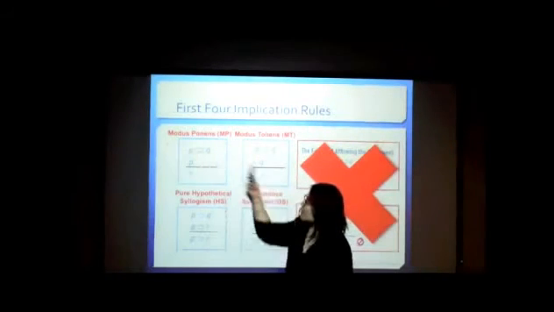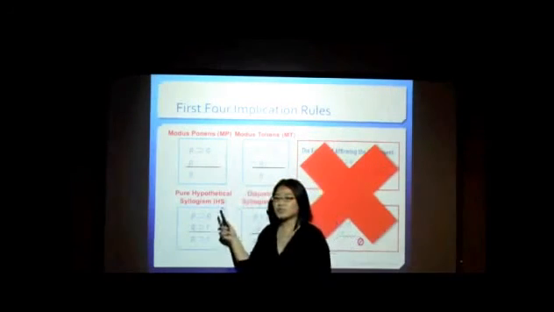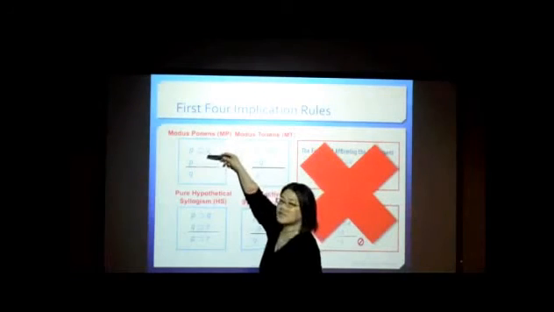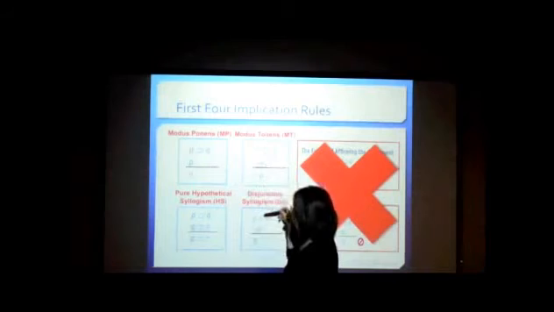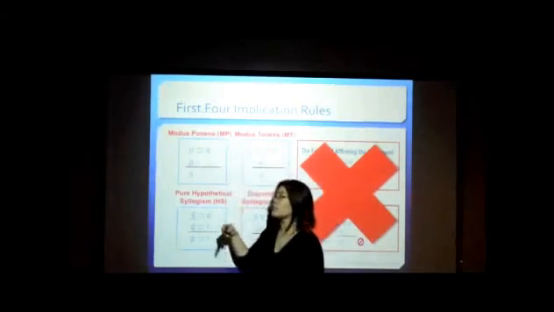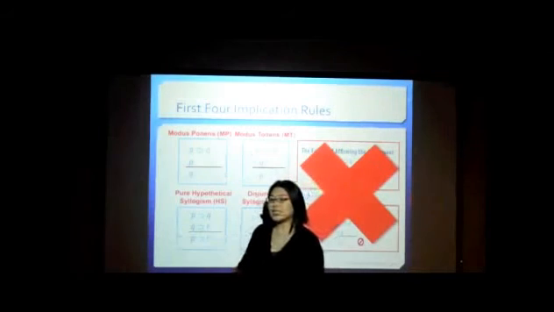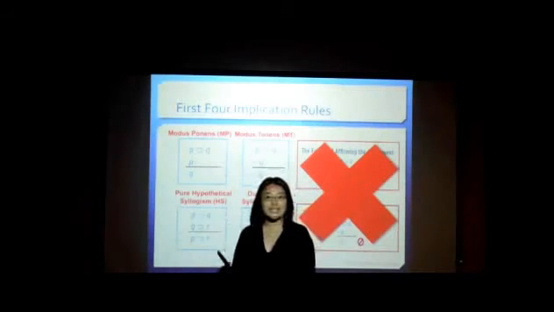Now, notice how these, as inference rules, tell you that given two premises of a certain kind, you can conclude these conclusions, which means that these are rules of implication.